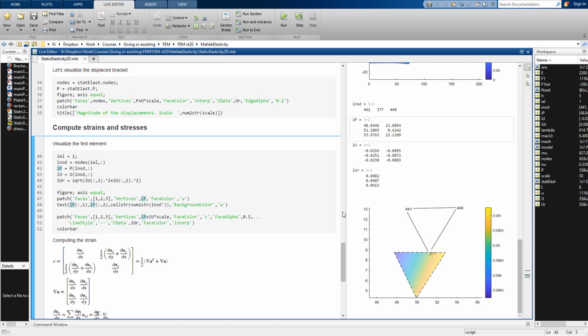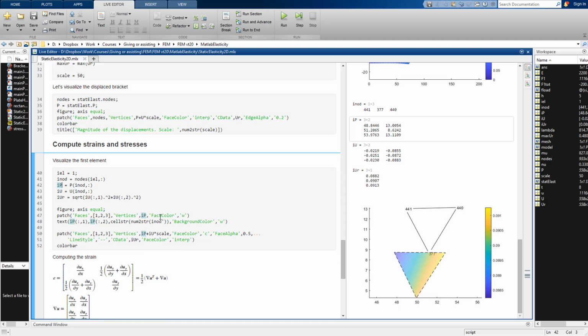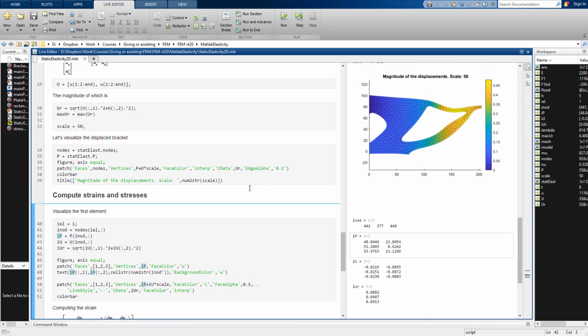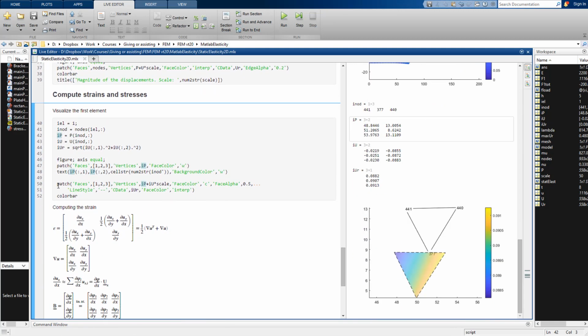Next thing, we are going to displace it by this amount, IU, and we're going to scale up the displacements to get the representation of what we have here. So we're doing another patch here, but now the vertices are IP plus IU times some scale.